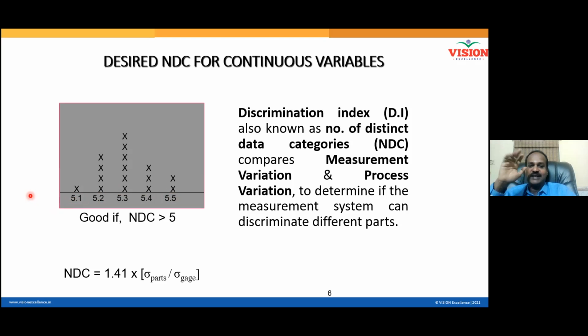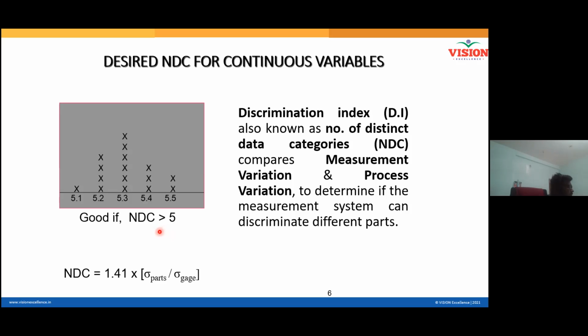5 categories of readings are possible. Though I have 20 readings, I put them in 5 different buckets. The first bucket is 5.1, second bucket is 5.2, third bucket, fourth bucket, and fifth bucket. Ultimately, only 5 categories are possible. So NDC is 5. Do you all understand what NDC is? Yes?